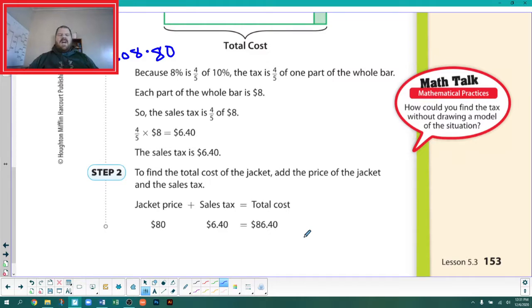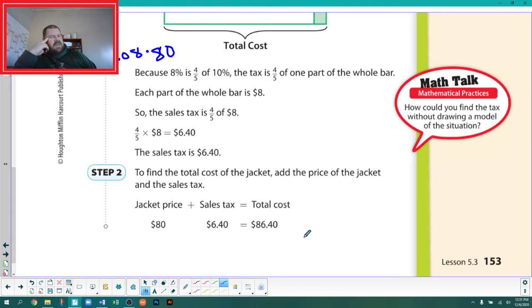The taxed amount, they go at it a little bit different way. They say that because 8% is 4/5 of 10%, the tax is 4/5 of one part of the whole bar. Since one part of the bar, 1/10 of the price, was $8, we have to find 4/5 of $8.